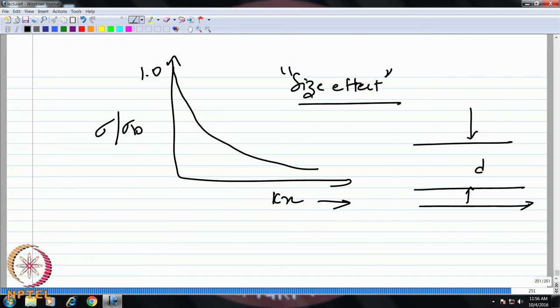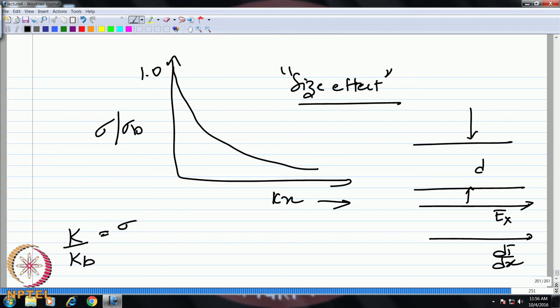Now, similarly, if you calculate this for phonons, if you replace the electrons with phonons, you have a temperature gradient in the x direction instead of an electric field. We have heat conduction parallel to the thin film and confinement perpendicular to that. In that case you can calculate the ratio of K by Kb, which gives you the size effect for thermal conductivity.